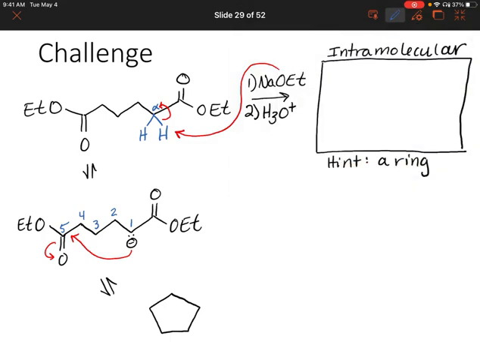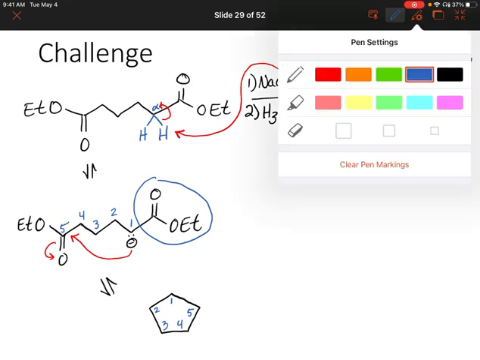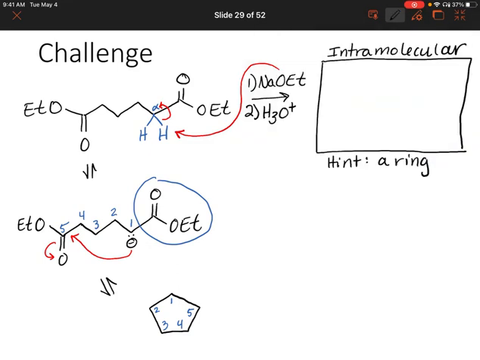So I'm just going to number the carbons in the ring I just drew, and then I'm going to reference my previous drawing to figure out what is on each carbon. So on carbon 1, we have our ester. So let's draw the ester there.